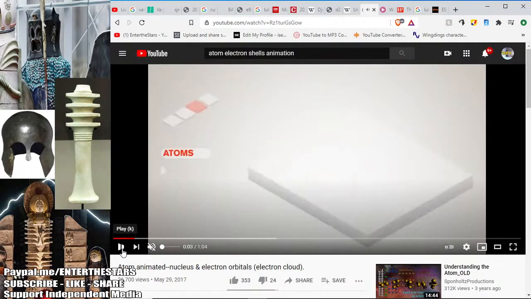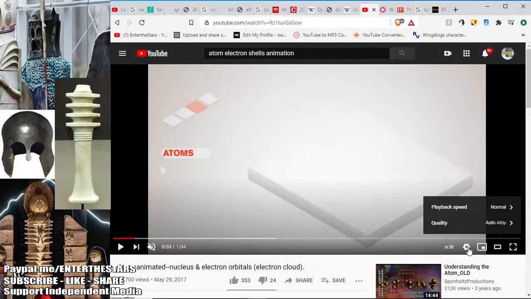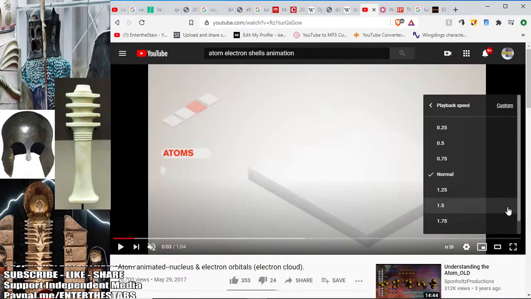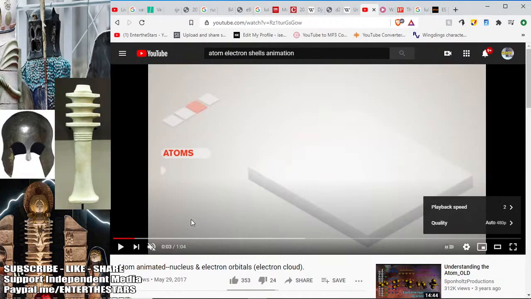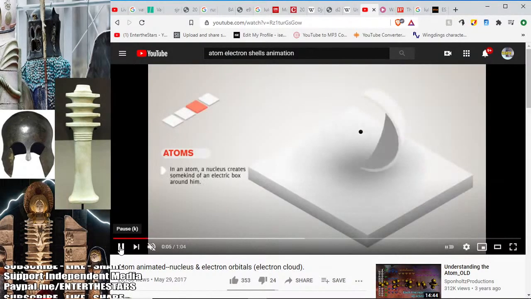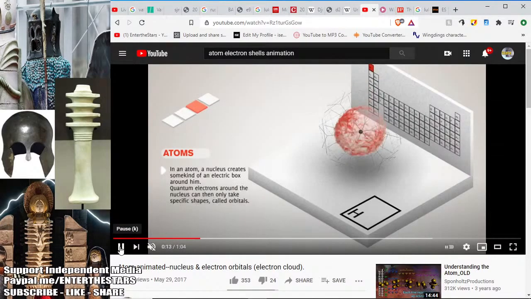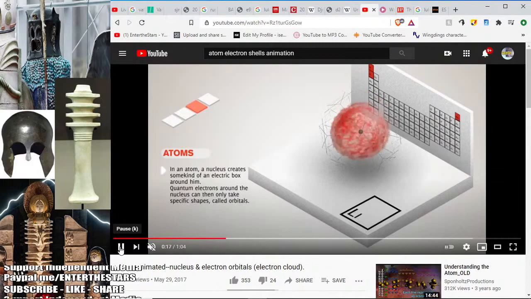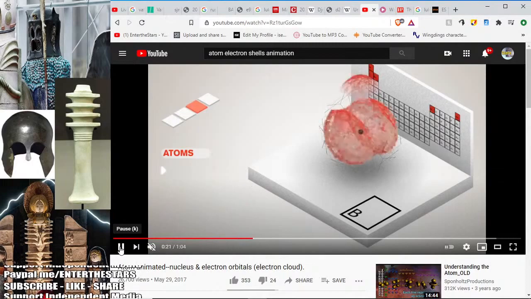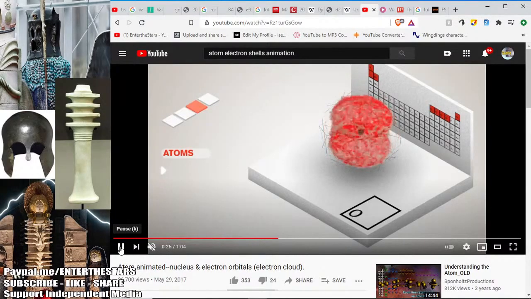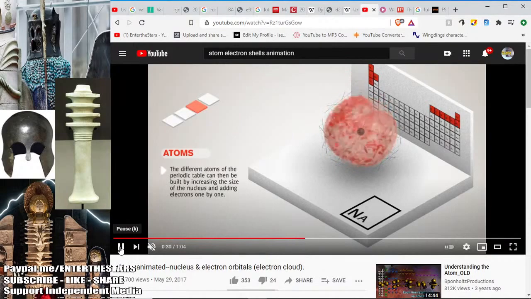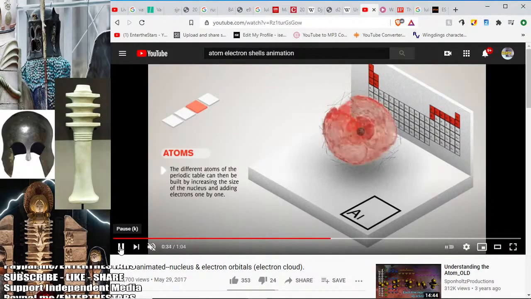So, I'm going to change the speed on this. I don't want to get any copyright issues or anything. We're going to go to 2-speed. Watch this. This starts with the basic first element, hydrogen, and it just keeps building. It's literally Russian dolls as you go up in the periodic table of elements.